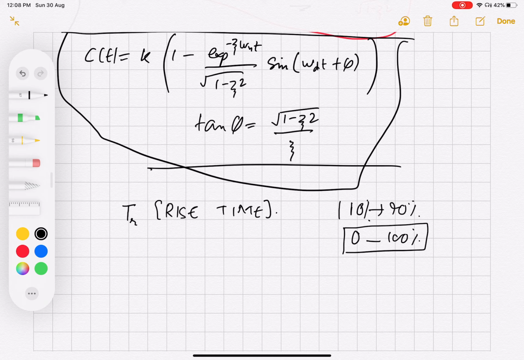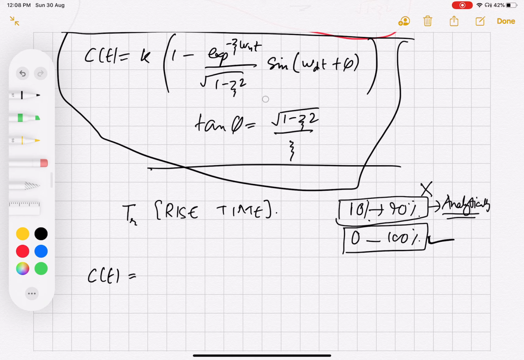The derivation for the 10 to 90% definition of rise time is not analytically possible, right? So we don't use analytical means to derive the expression for this. We have to use numerical methods, but the 0 to 100% definition can be done using analytical methods. Since our C(t) is given by the expression here, we have to see when C(t) is going to be equal to K for the first time.